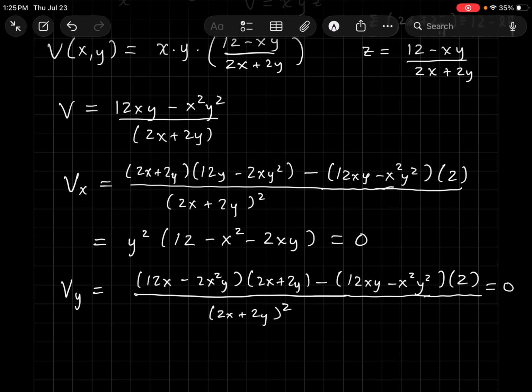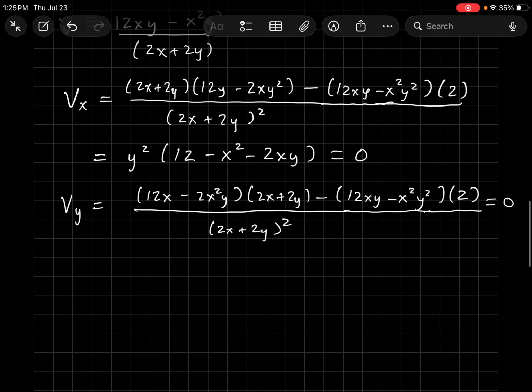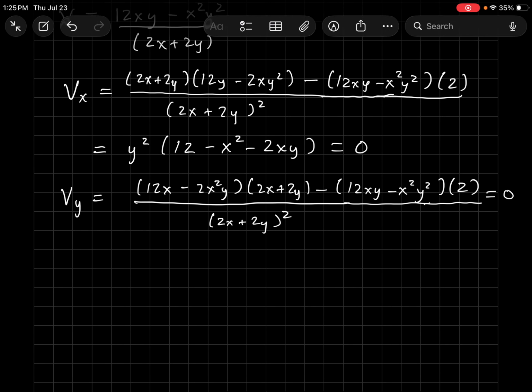Set that equal to 0. Simplifying the algebra separately, I get x squared times 12 minus 2xy minus y squared over the denominator, but I'm only worried about the top.